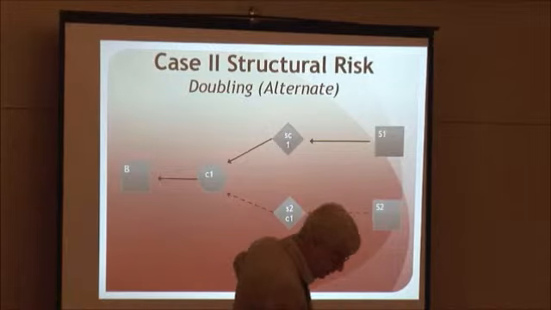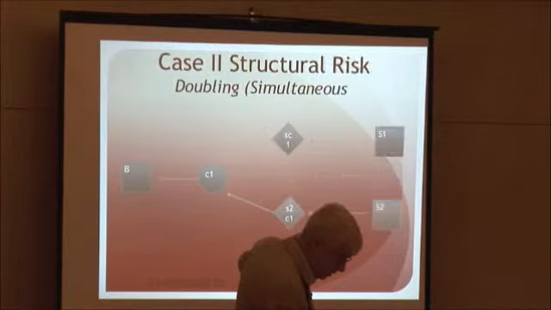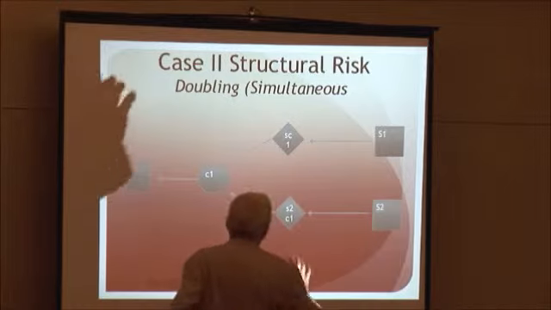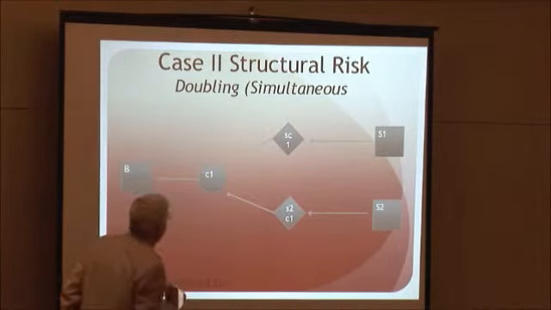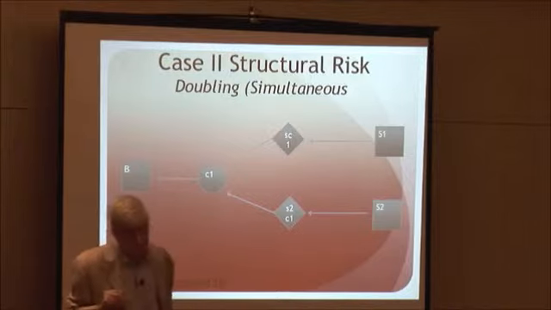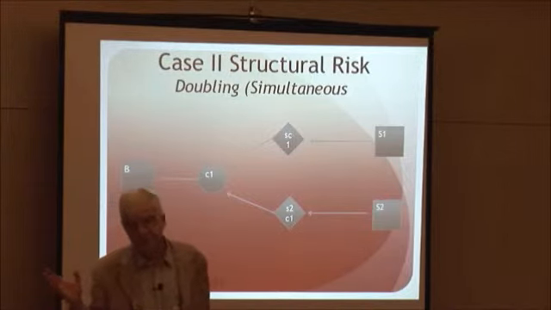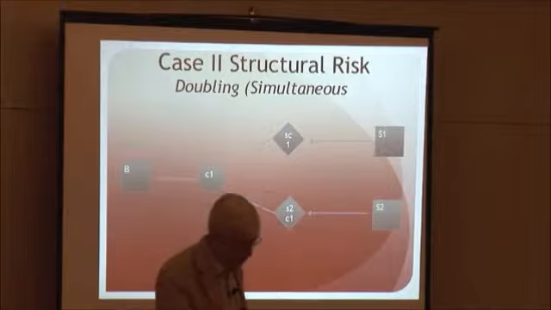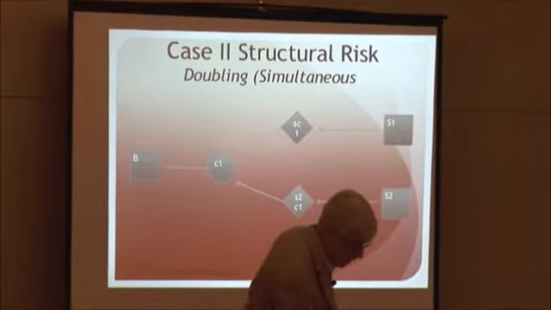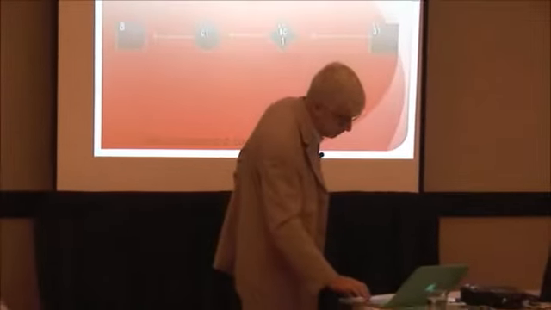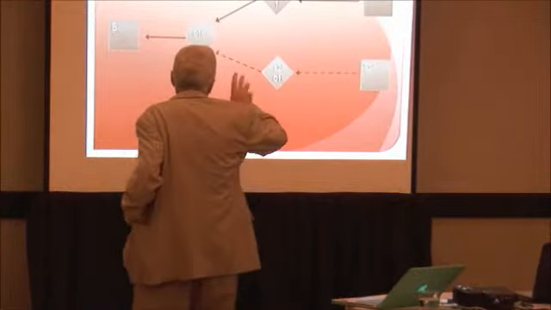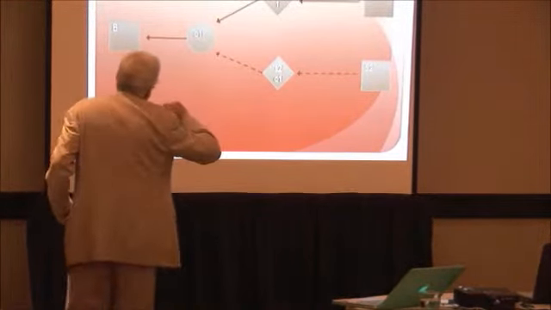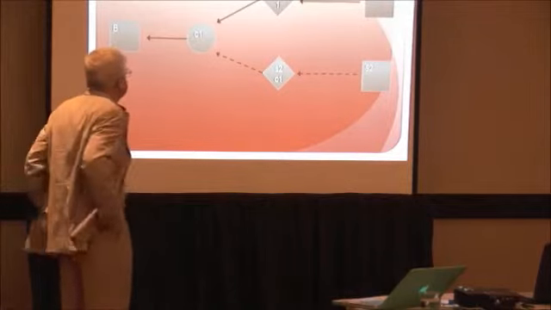In the previous case, we have two different sources acting simultaneously, each one taking a percentage of my demand. Meanwhile, here this is a sole source. And here we have two different sources, but they are not necessarily acting simultaneously.